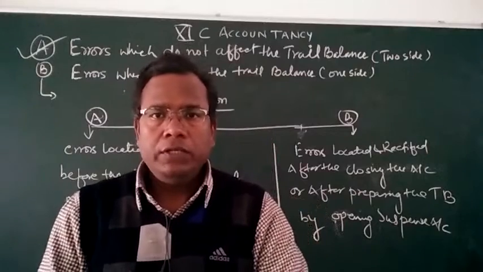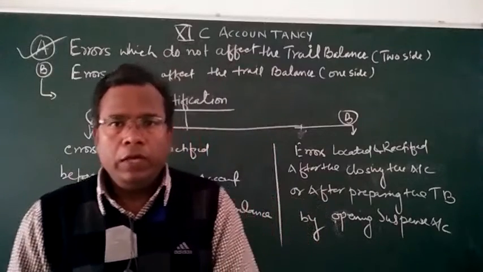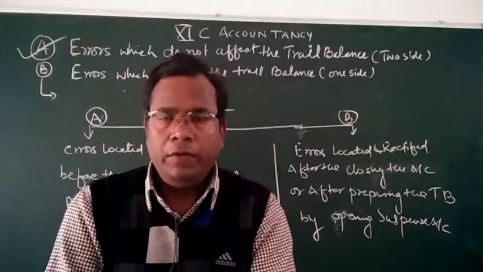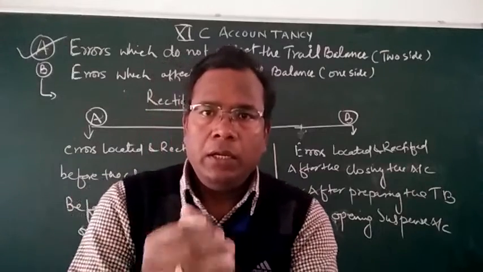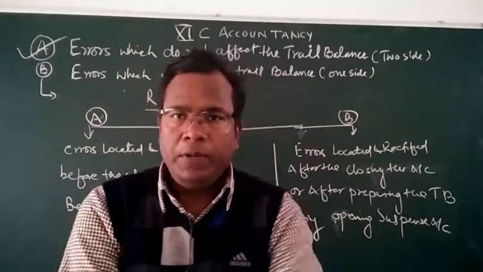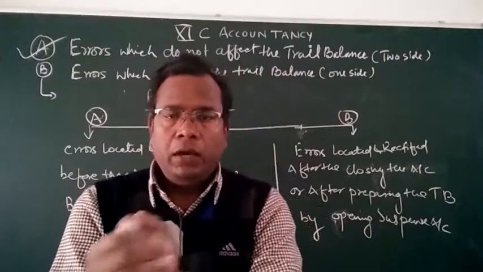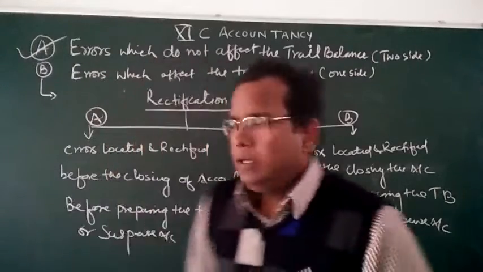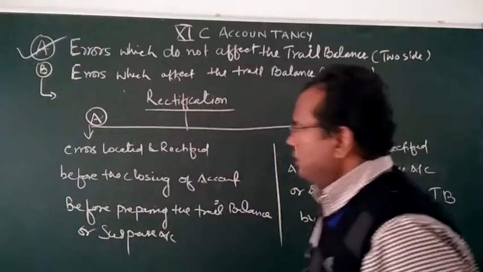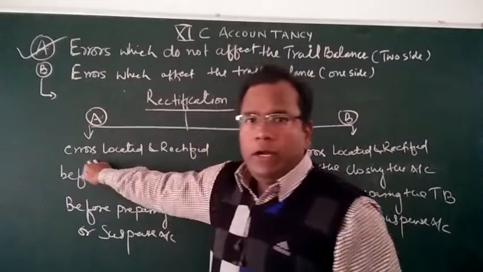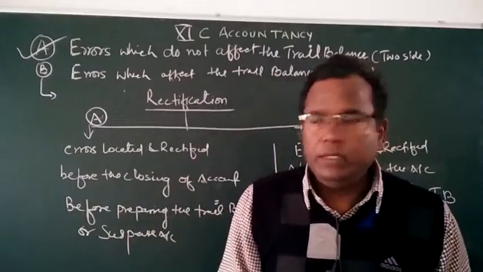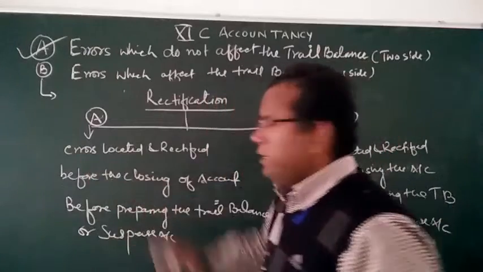So we have to locate the errors, whether the error is located and corrected before the preparation of the trial balance or after the trial balance. So first of all, the rectification can be done in two ways.